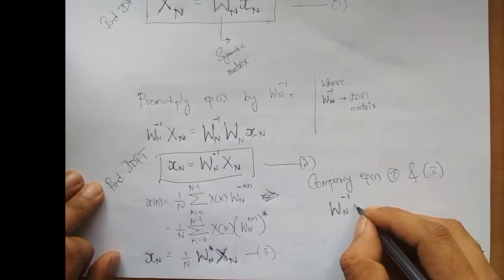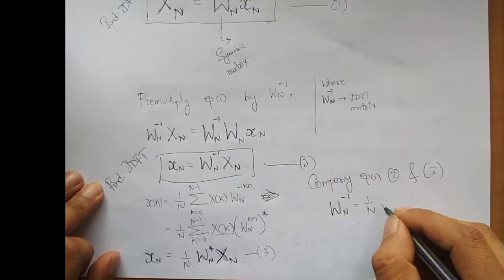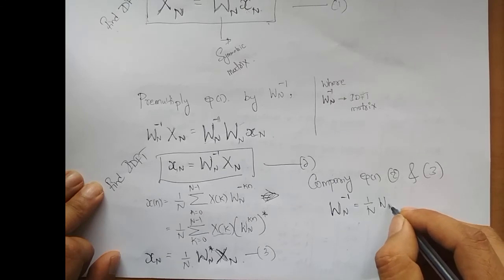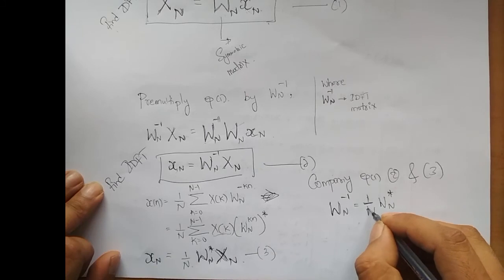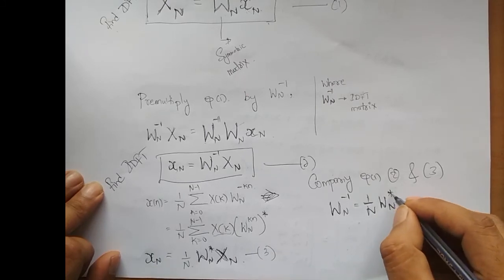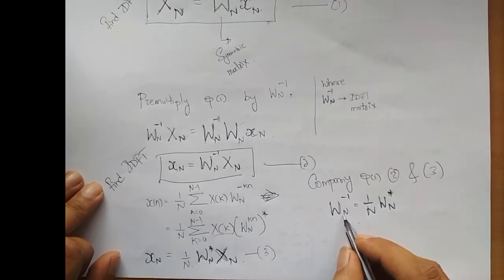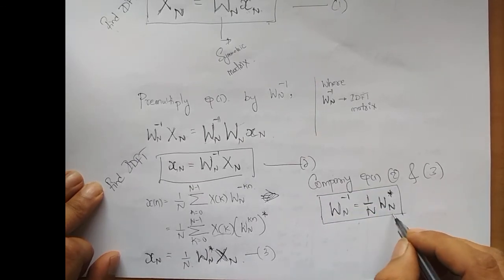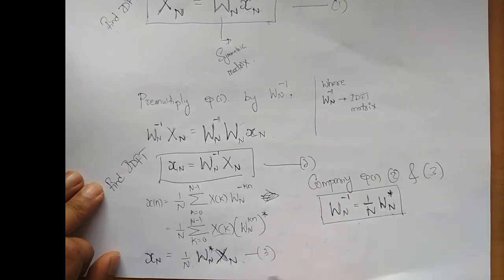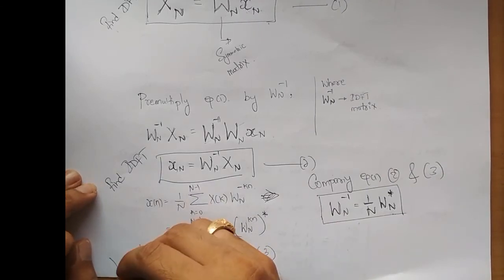So the IDFT matrix is equal to 1 by n times Wn star. This is the relationship between the IDFT matrix and the DFT matrix. Even you can use this formula to find IDFT.